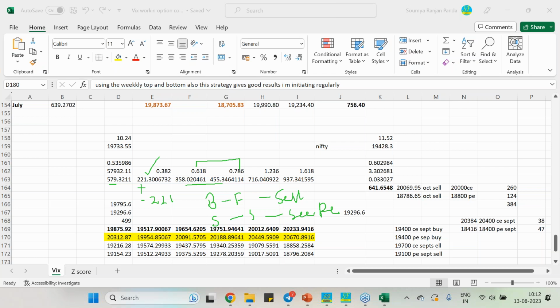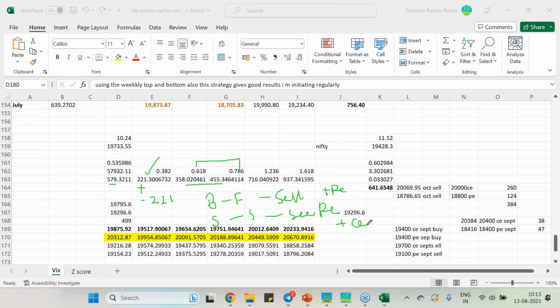If you want slightly more safety, buy the future, sell the call, and again buy a weekly put option, preferably in the money. If you sell a future and sell a put option, buy one weekly call option, preferably an ITM call option, if you are going to hold it for 2-3 days.